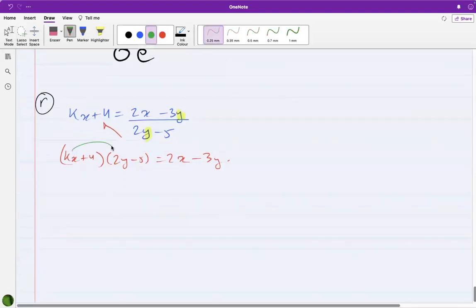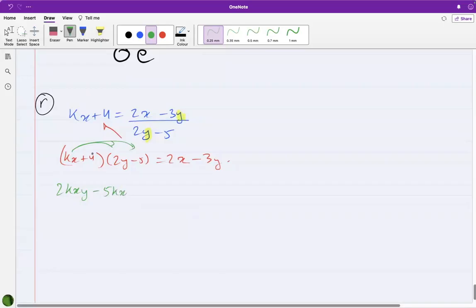And I'm going to multiply these two brackets. So 2kxy minus 5kx, and then 4, 2 times is 8y, minus 4, 5 times is 20, equals 2x minus 3y. Now again, where do we see y?